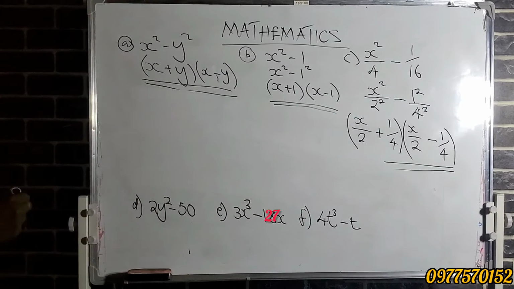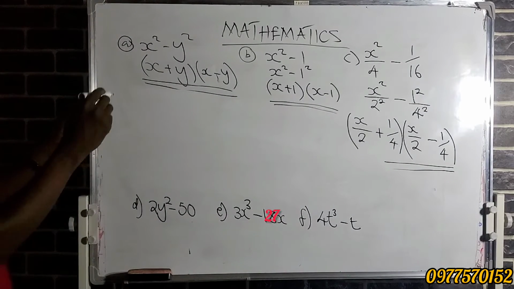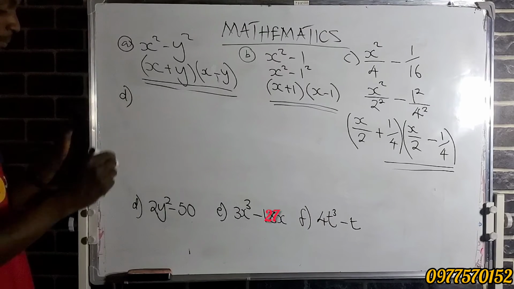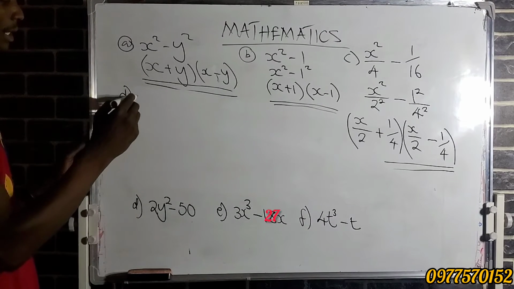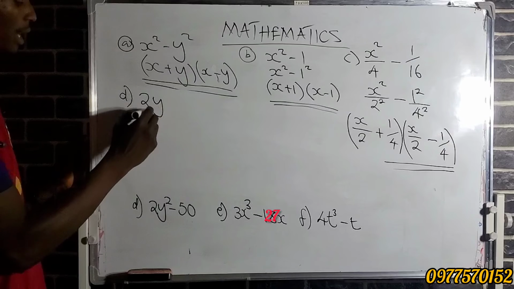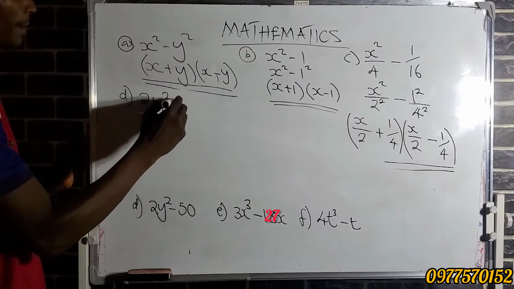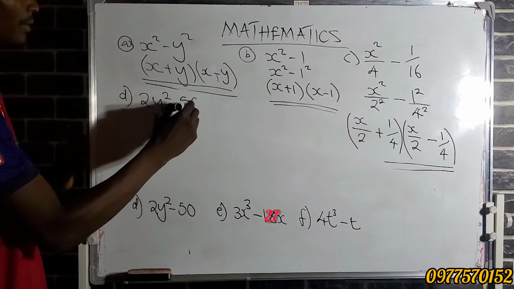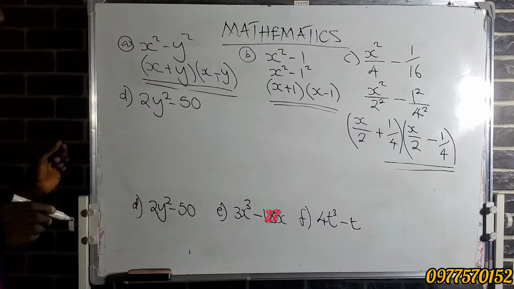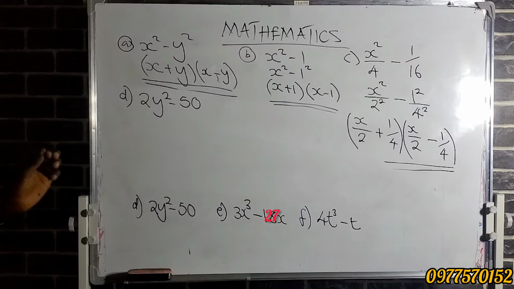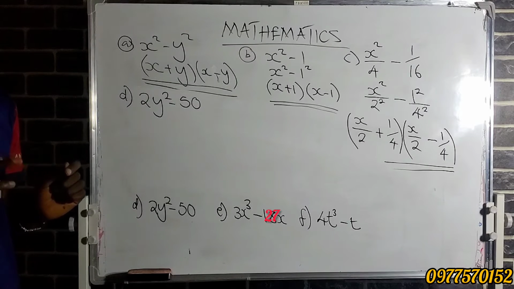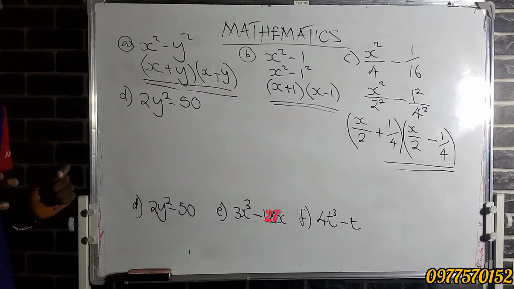Okay. Now, this is D. Look at D. D is 2y squared minus 50. Are we together? Yes. Now the question still stands. Do you have 2 terms? Yes. Separated by minus? Yes. Good.